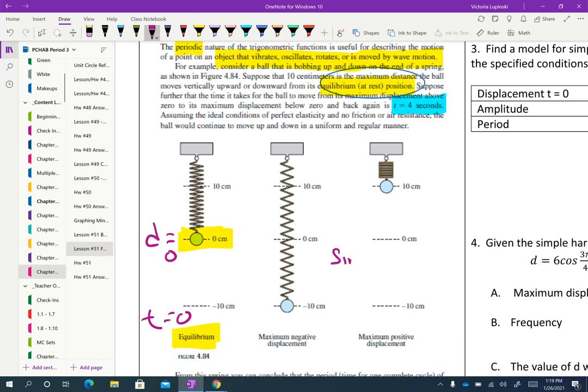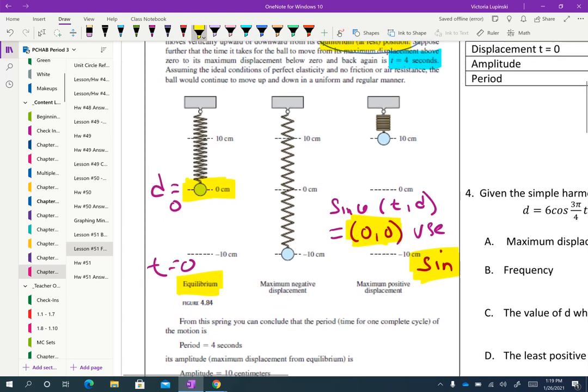So since time, comma, displacement is equal to 0, 0, there's only one wave, the sine or the cosine, that goes through the point 0, 0, and hopefully you remember that it's the sine wave. So again, where you're starting at rest is important in determining whether it's the sine or the cosine. And because it goes through 0, 0, that's how we know that it's the sine.